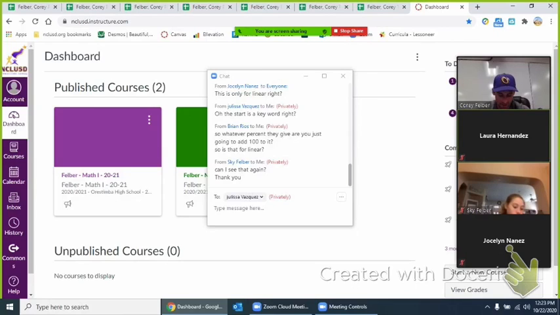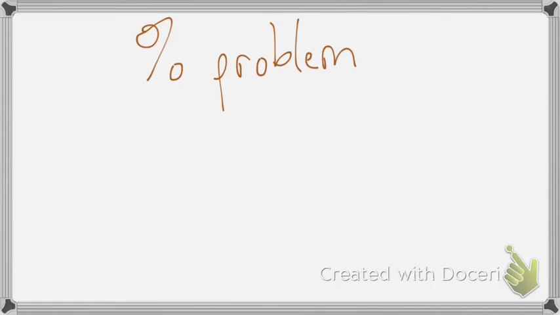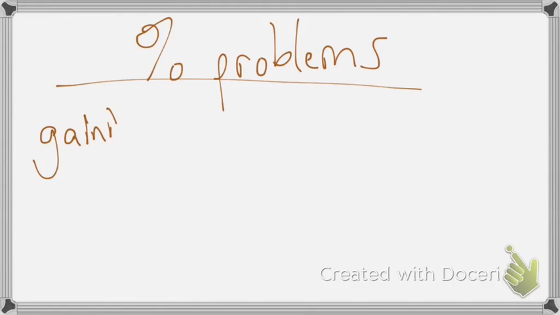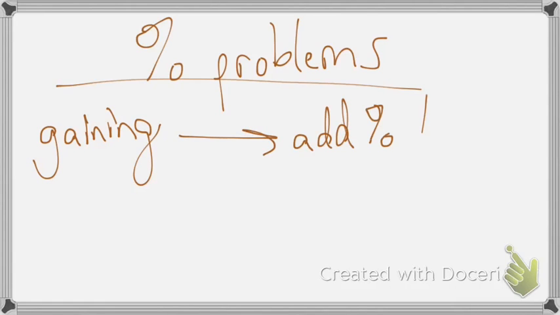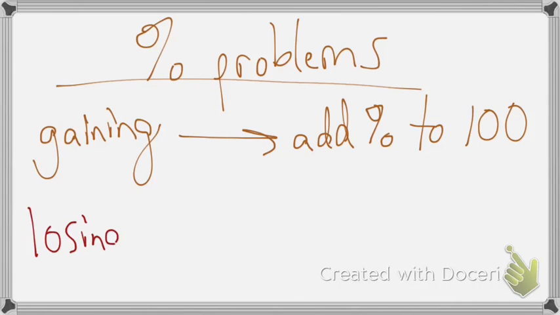And we could just write this down right here for those percentage problems. This is the last thing we're going to do, and then I'll let you guys work on that practice test. For percentage problems, if you're gaining, then you add the percent to 100. But if you're losing, because that's how it's going to work.